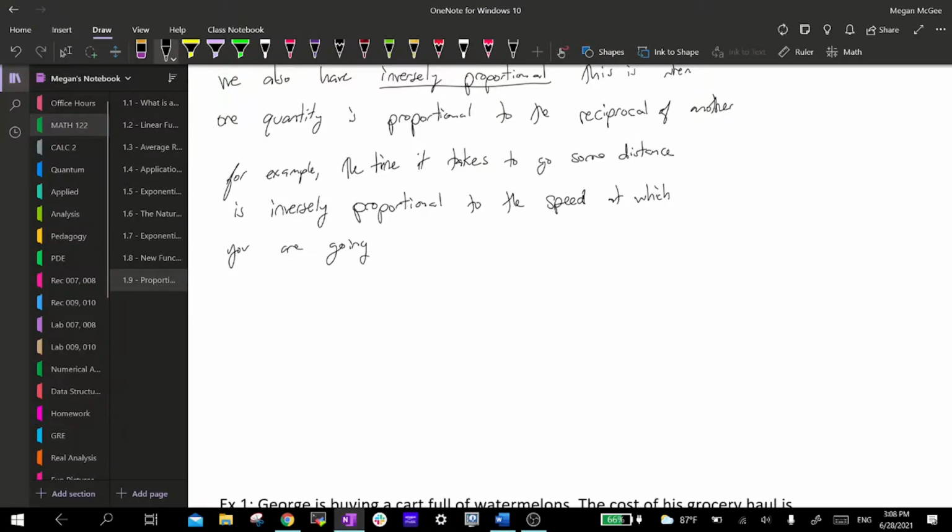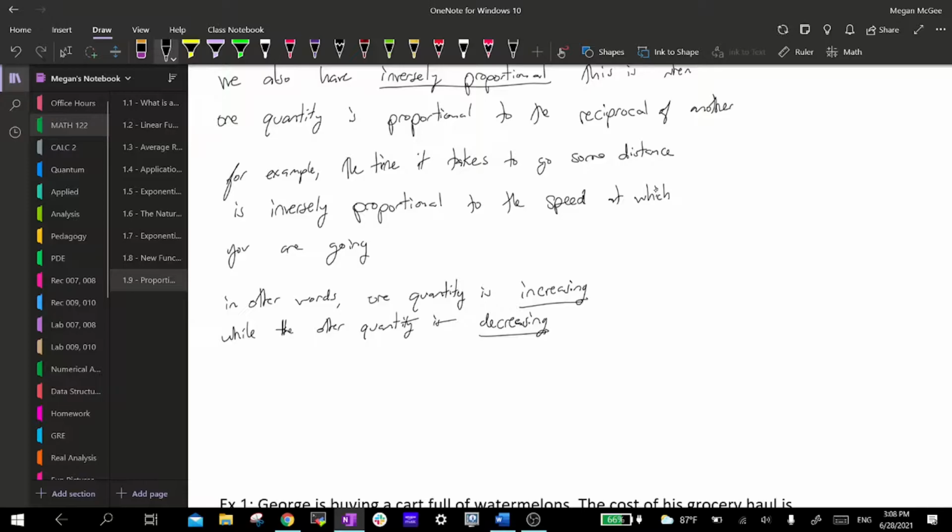All right, so what does this mean? Well, in other words, one quantity is increasing while the other quantity is decreasing.